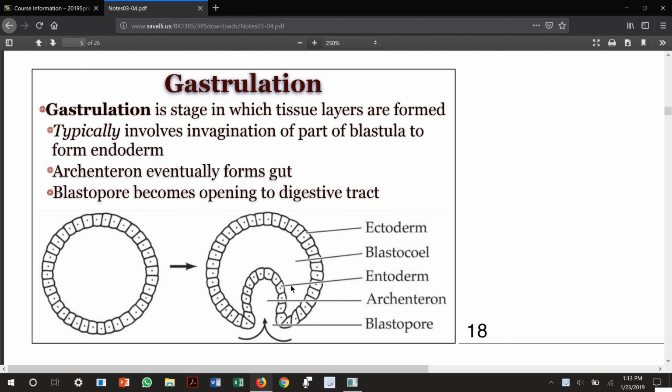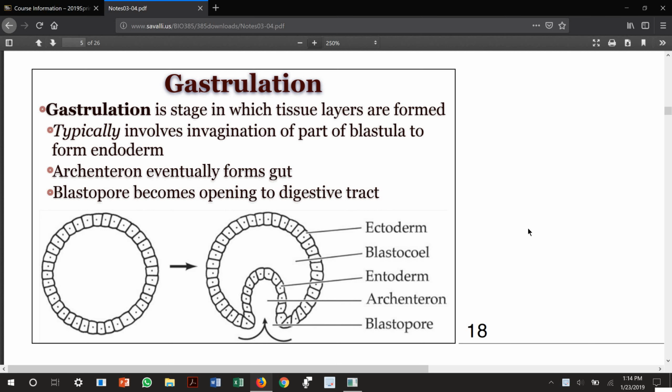You also have an opening here, a cavity that opens to the outside world, called the archenteron. That archenteron is basically the ancestral gut. That's what becomes a digestive cavity. So you have the gut, you have the endoderm that surrounds the gut, and you have the outer ectoderm. And then the rest of that fluid-filled cavity is the remains of the blastocele.